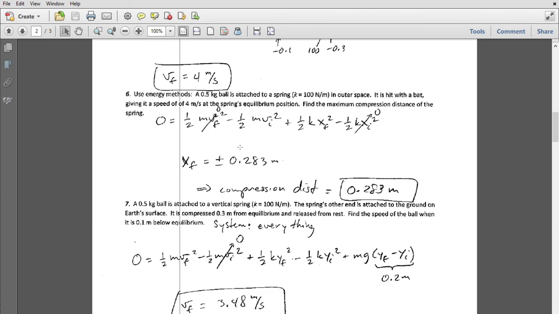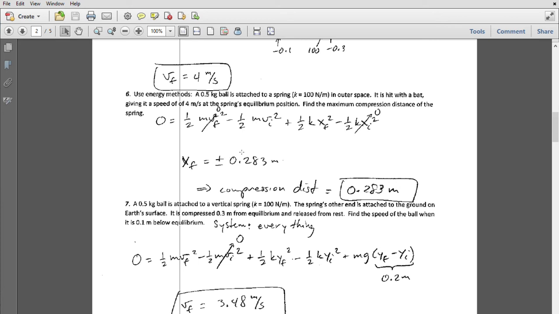Problem 6. Use energy methods. A half-kilogram ball attached to a spring in outer space. I think it's supposed to say attached to the side of a spaceship with a spring. Same situation as before.